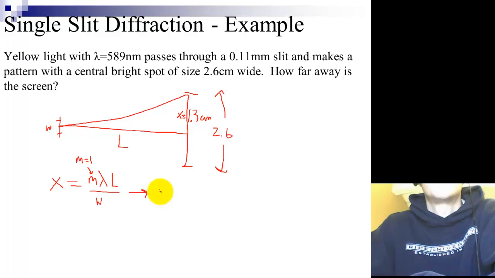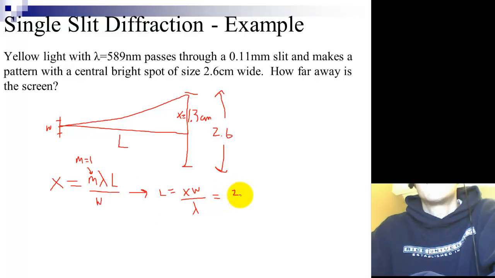And so we can solve for L and we can get L equals, multiply W up here, xW divided, m is 1, so divide by lambda. Then we can plug in our numbers. X is, not 2.6, X is 1.3 centimeters. W, the width of the slit, is 0.11 millimeters.